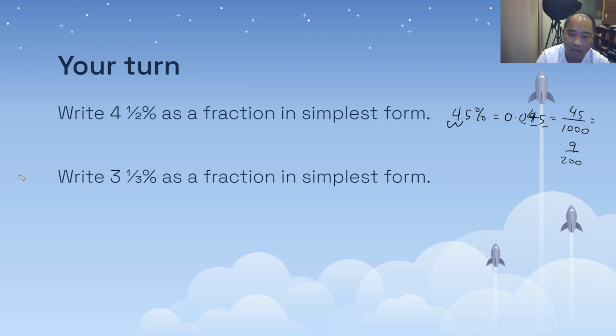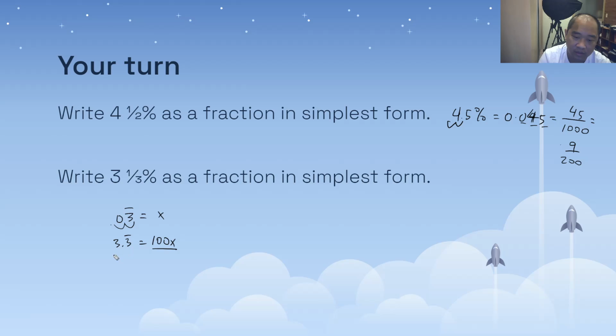Yeah. And then 3 1/3%. And remember, a third is just 0.3 repeating. So this is 0.03 repeating. And so again, we have to do that same kind of arithmetic, right? In order to get this past the 3 past the decimal, we'd have to multiply it by 100. And so that would give us 3.3 repeating equals 100x.